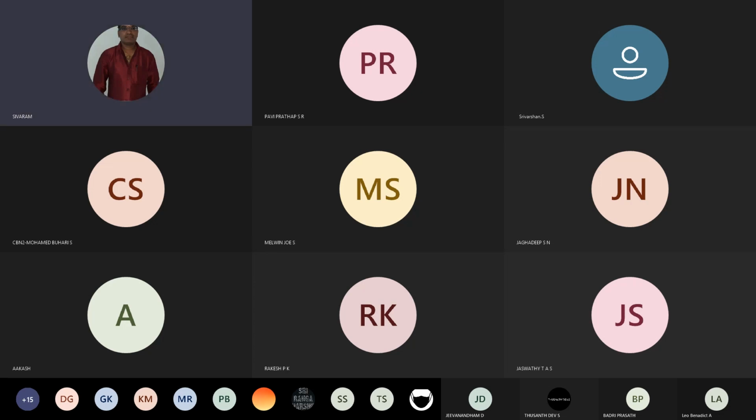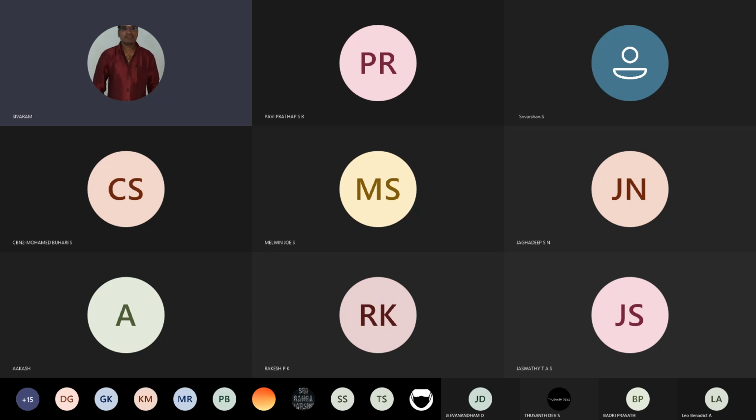Whenever the embryo sac is developed with 7 cells and 8 nuclei, only then does the stigma become receptive and receive the pollen grains. Already we told you that through different agents, the pollen grains discharged from the anthers are transferred to the stigma. This process of transfer of pollen grain from anther to stigma is called pollination.